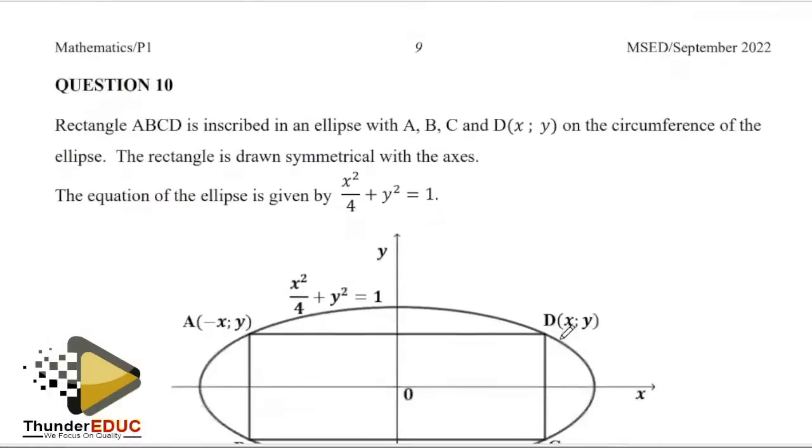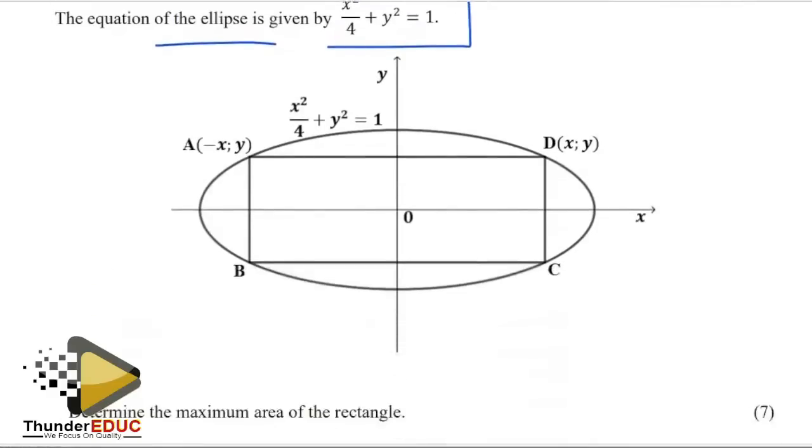Okay, then question number 10, rectangle ABC is inscribed in an ellipse, and the circumference is a rectangle, and then the equation of the ellipse is given as this. Okay, then what do they need? They're telling us to get the maximum area, calculate the maximum. So you need to get the formula for the maximum area and all of that. So we have the coordinates. No? From here up to here is x. From there up to there is also negative x, which means your length is the same as 2x. And then this side, this is a y.